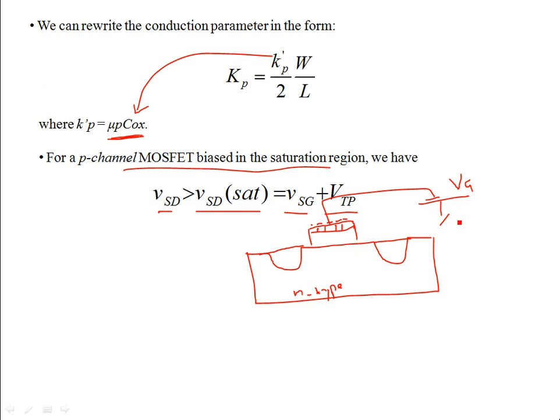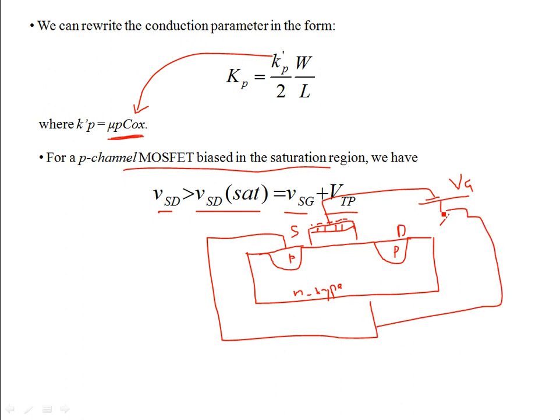The source and the drain, which are both p-type, are both grounded like this. So what happens is that you have an accumulation of minority hole carriers, which are electron deficient. They come over here, and the channel is induced.